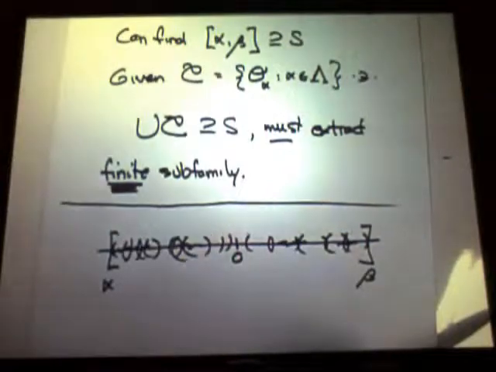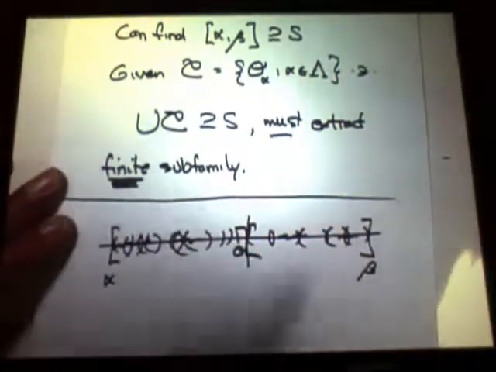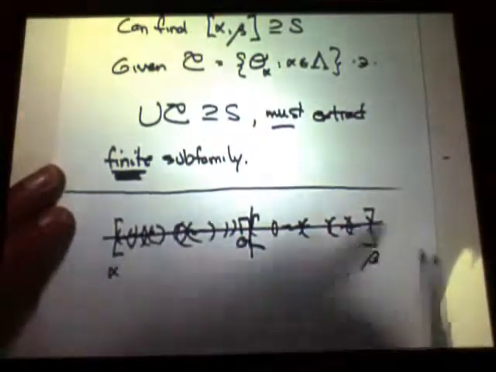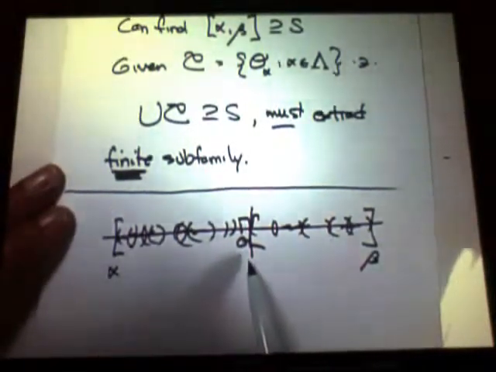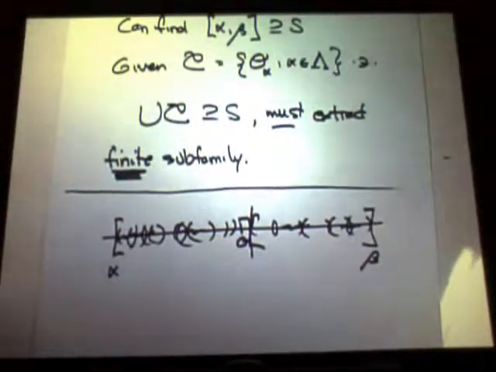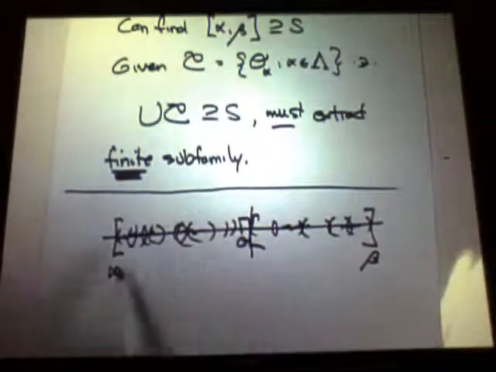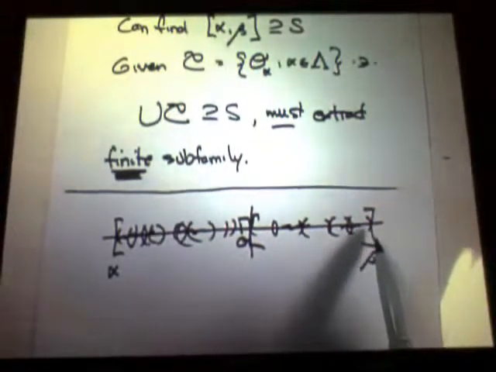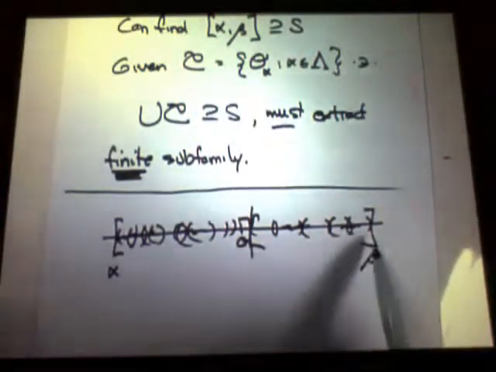All right. Let's do our little trick. Let's split this thing in half again. So I find alpha plus beta over 2, and I go south and north, right? To the left and right of the midpoint of alpha and beta. Now, here's the argument. One or the other side must contain an infinite number of sets required to cover that half, right?